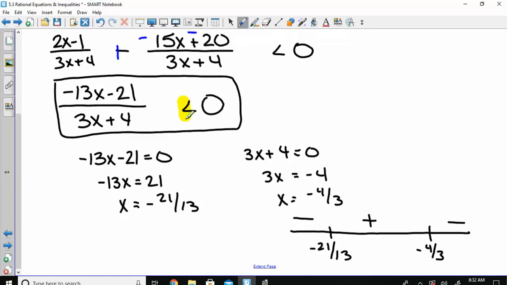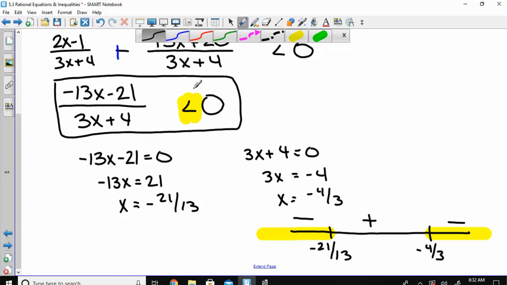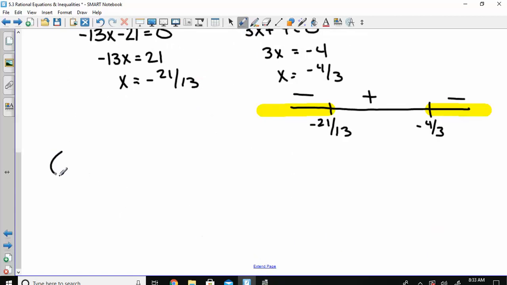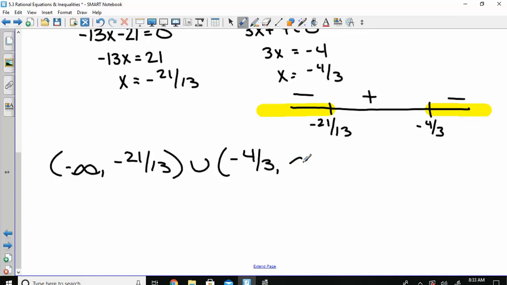Looking here, I wanted less than, which means no equal to, so I don't have to worry about brackets. So my answer is negative infinity to negative 21 over 13, union negative 4/3 to infinity.